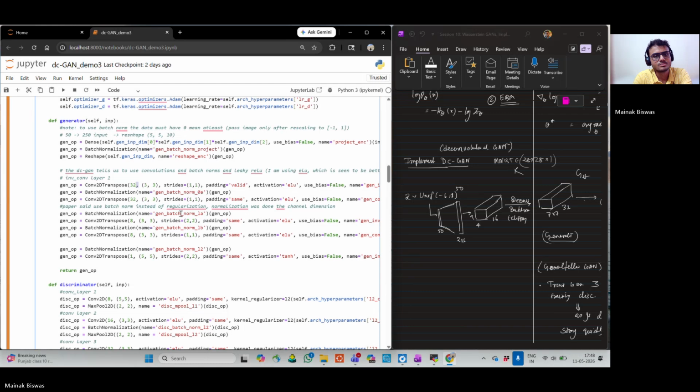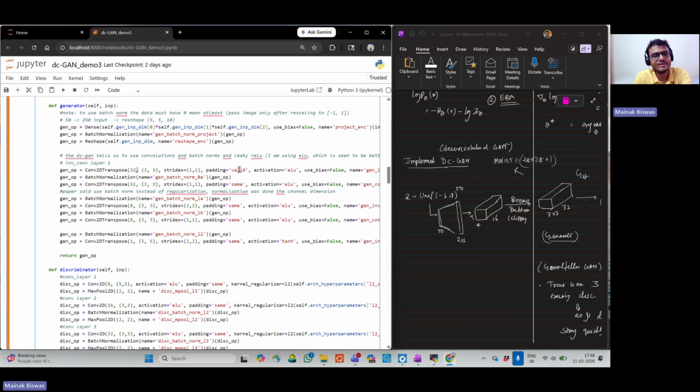Valid and same padding are a bit different in each case. If you have valid padding, it is not going to pad. Same is always going to keep the dimensions the same if required.